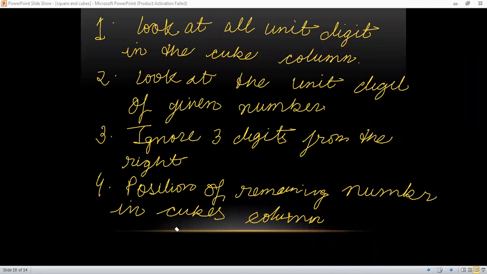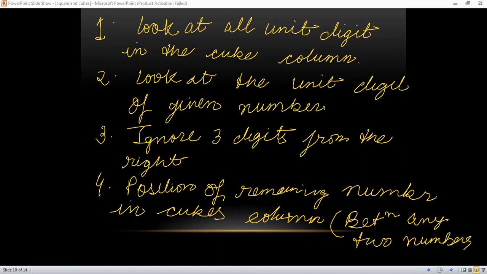Let's suppose the number is AB, between any 2 numbers. So these are the steps by which you can easily find the cube root of a large number.